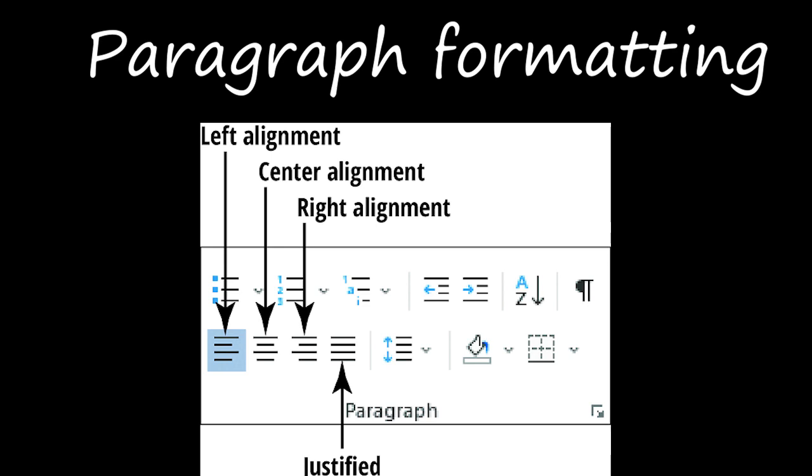Right means the whole paragraph or the whole text will be aligned to the right margin, right? And center means all the lines in the paragraph will be aligned to the center of the page, right? Justified means all the lines in the paragraph will be arranged evenly. That means the right end and left end will be straight, aligned like a square box, right?